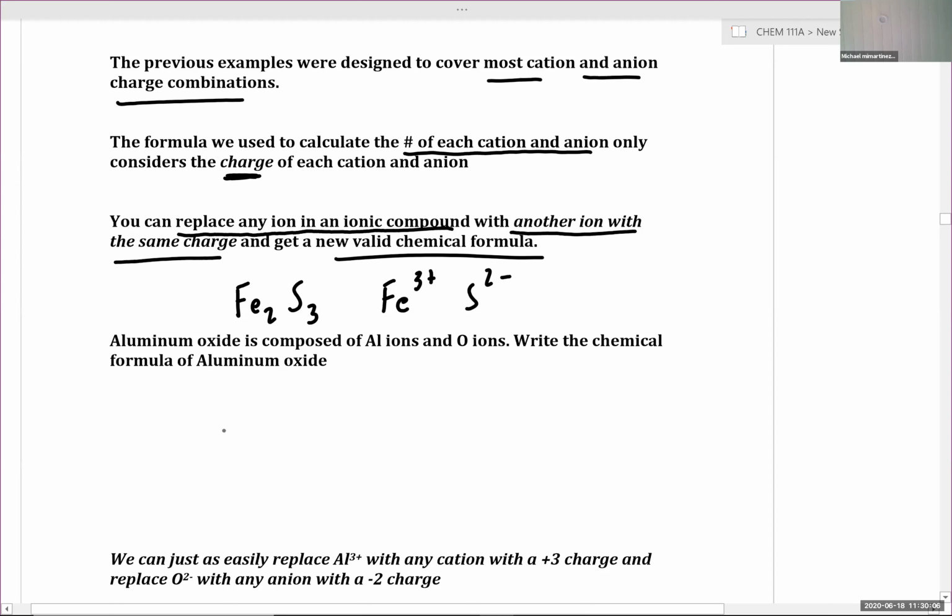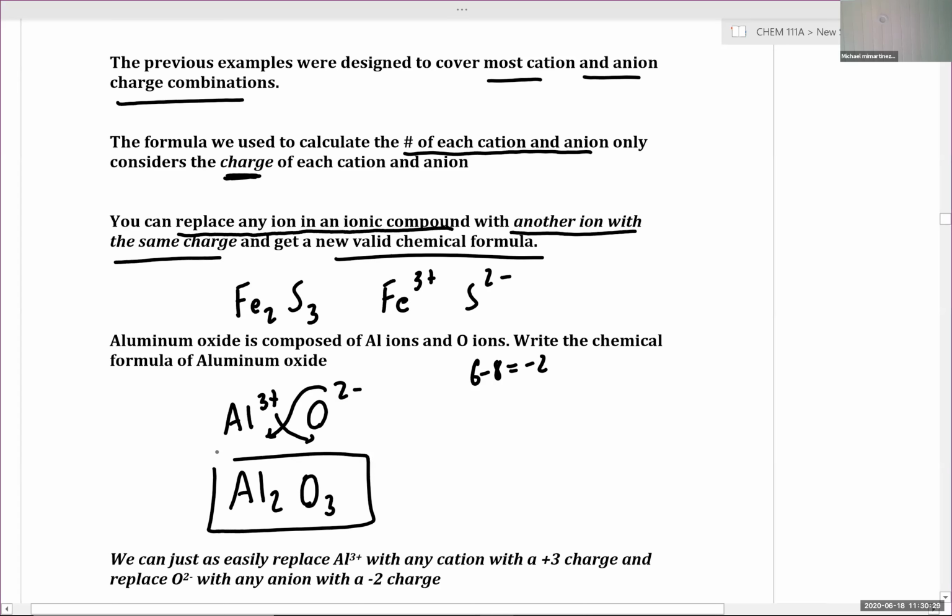So aluminum oxide, we have aluminum 3 plus, same cation charge, O2 minus for oxygen, because 6 minus 8 is -2. And because our charges are the same, when we cross our charges, our overall formula will be very similar if your charges are identical.